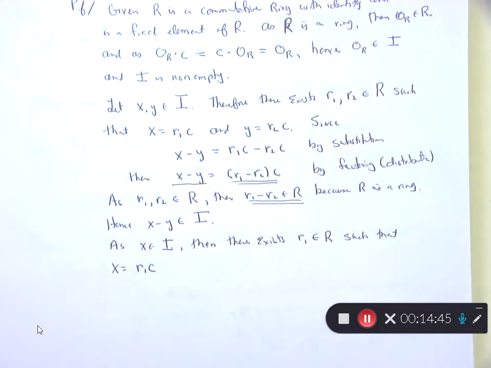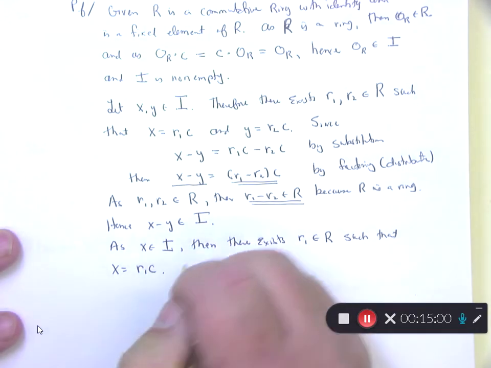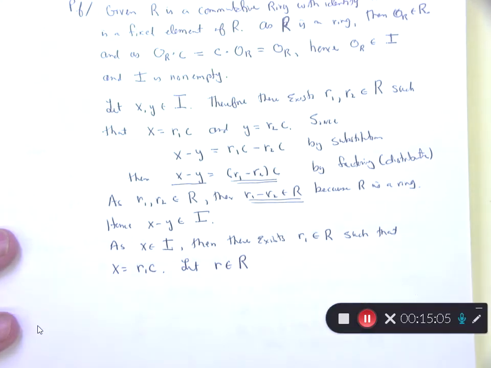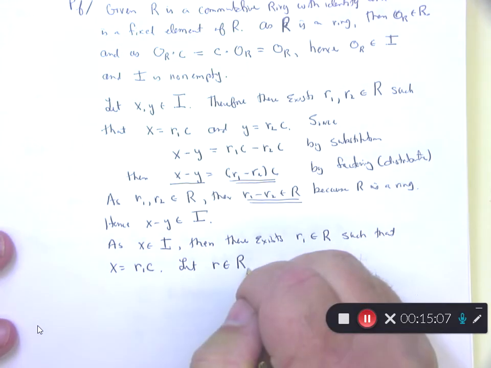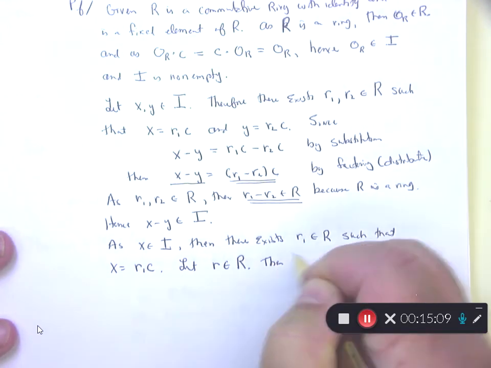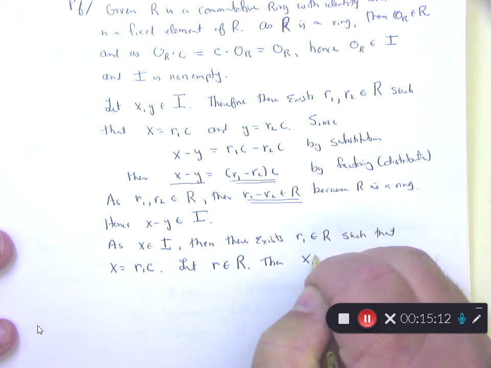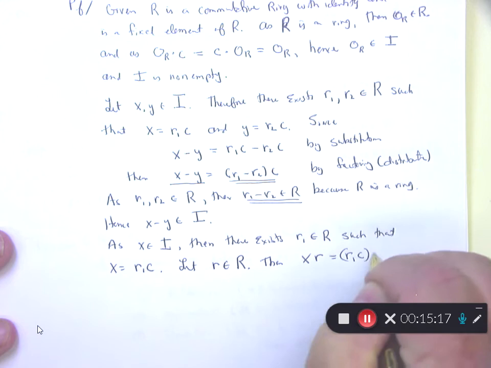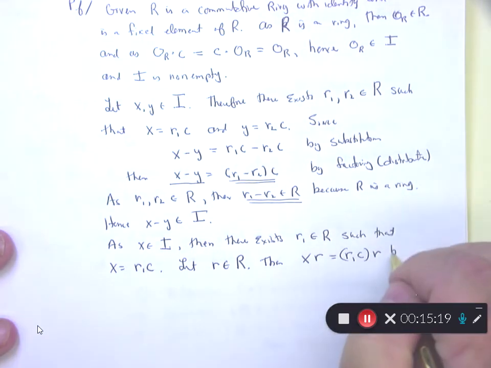And now I need to give myself an arbitrary element inside of R. Well, what's the obvious element that should be inside of big R? A little r without a subscript, so it'll be a different guy. Let r be an element of big R, very arbitrary here. Then x times r is equal to r1 times C times r by substitution.